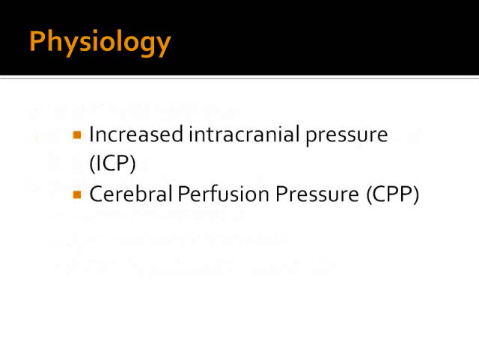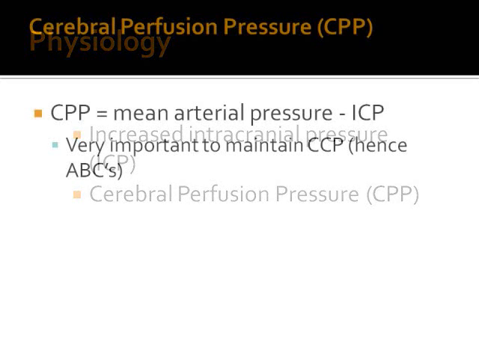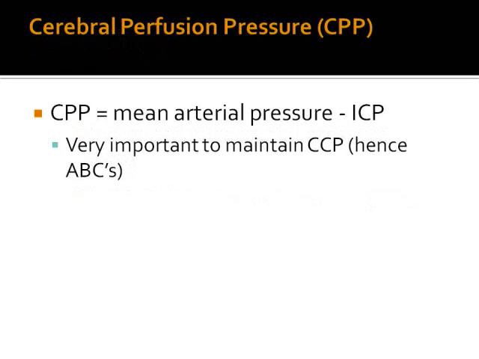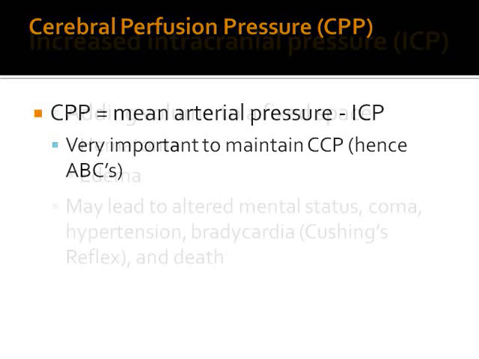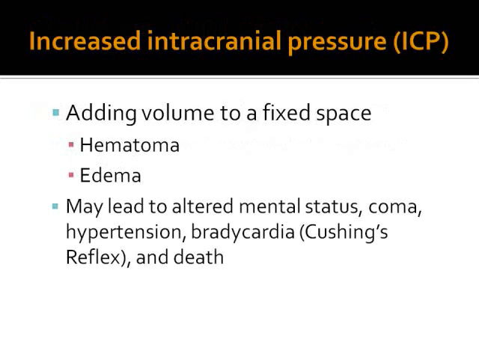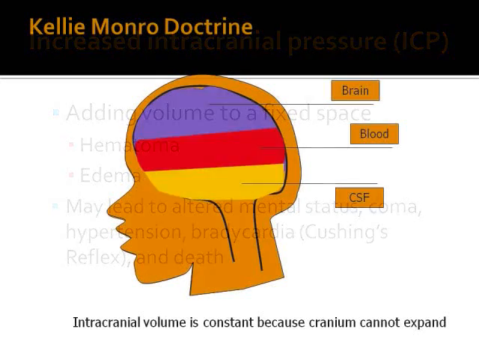Important physiology to note is determinants of intracranial pressure, and one important one is mean arterial pressure and cerebral perfusion pressure. Cerebral perfusion pressure is equal to mean arterial pressure minus intracranial pressure, and it's very important in maintenance of adequate perfusion and nutrition. And in the emergency management, we want to keep cerebral perfusion pressure high.